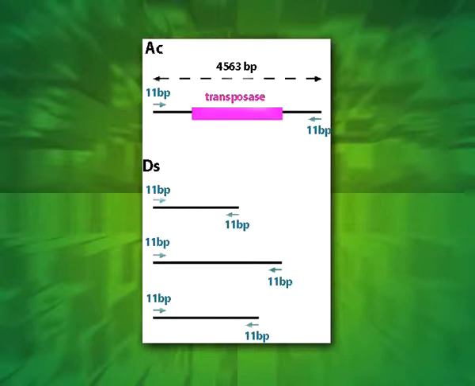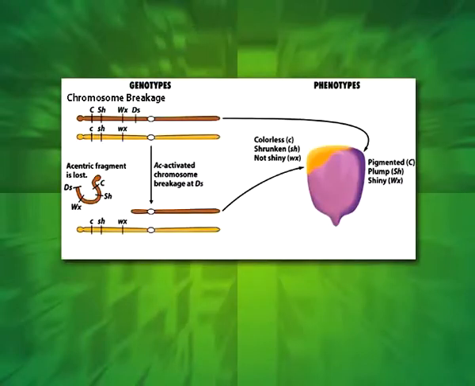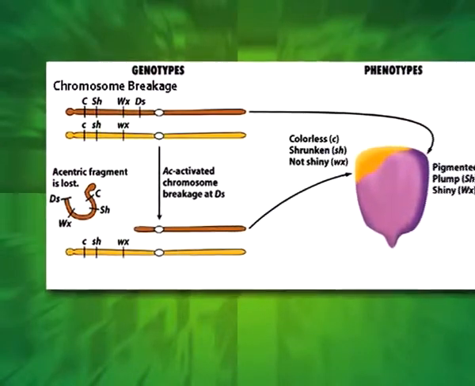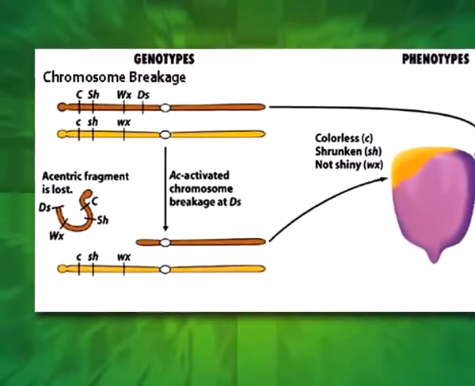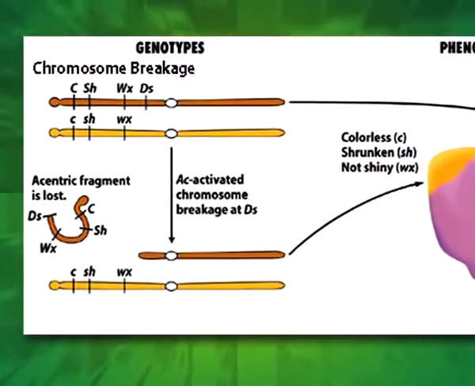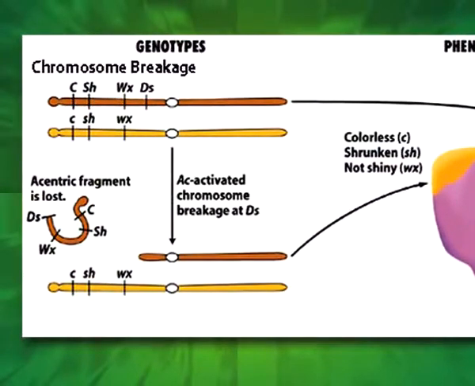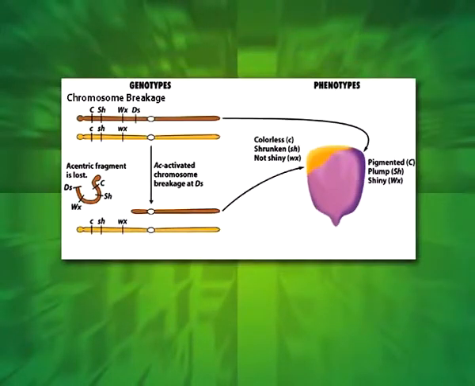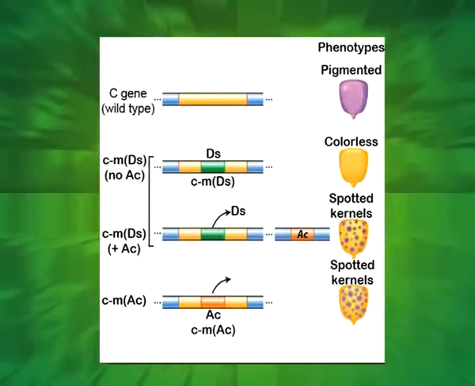She identified two interesting loci, that is, Dissociator (DS) and Activator (AC), which could transpose or change positions in the chromosome. In one case, she observed frequent chromosome breaks occurring at the DS locus on chromosome 9 in an AC-dependent manner. This DS element could move in the genome even to different chromosomes. In the second case, the DS locus seemed to regulate the expression of neighboring genes.